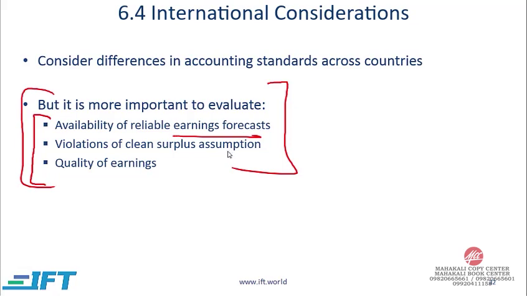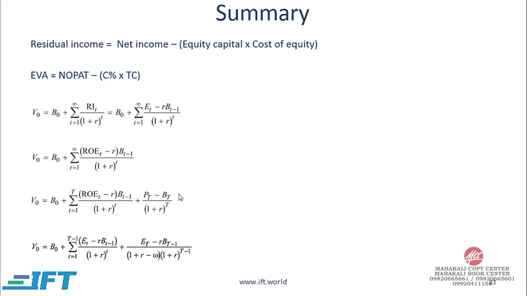If you are in an environment where there are lots of violations of the clean surplus relationship and it is not easy to make the necessary adjustments, then obviously that will impact your ability to use the residual income model. And finally, quality of earnings. Again, if the quality of earnings is not good, then clearly you cannot use the residual income model.